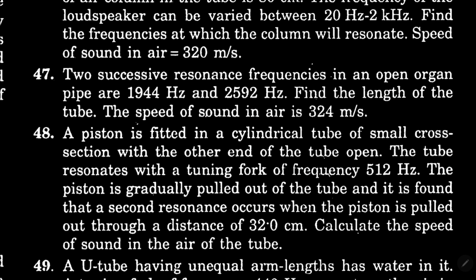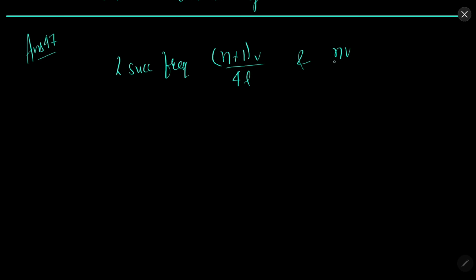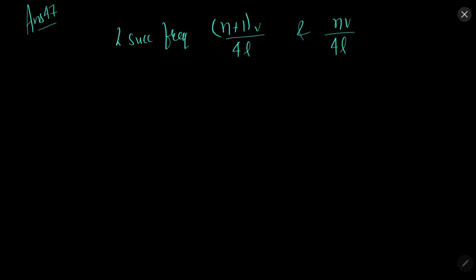In question 47, two successive resonant frequencies in open organ pipe are given. Find the length of the tube. So this is solution 47. So here the length of resonating column will be, let it be L. So now two successive frequencies will be n plus 1 into V over 4L and V over 4L.